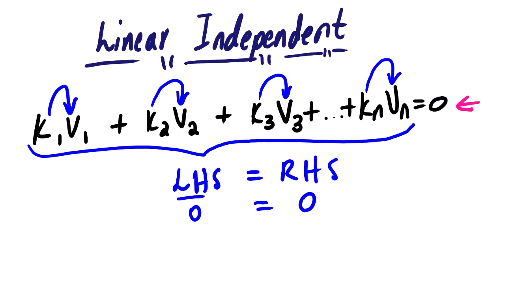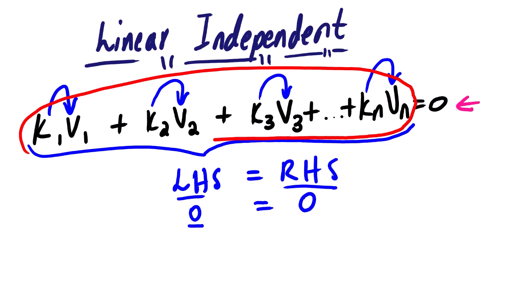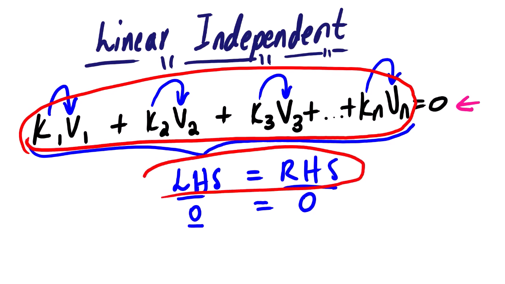So for the left hand side to equal the right hand side, the left hand side must also be equal to 0, meaning that this whole operation will equal 0. If this condition is met, then we say v1, v2, v3, up to vn are linearly independent.